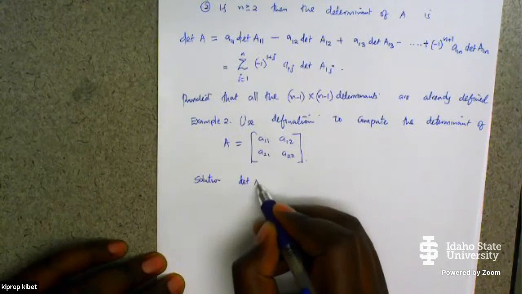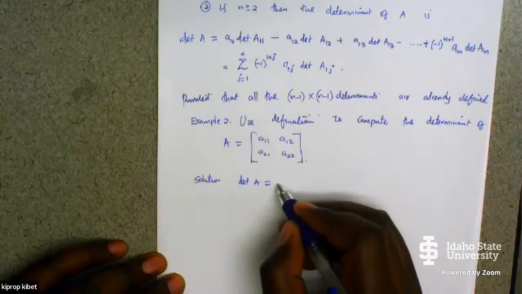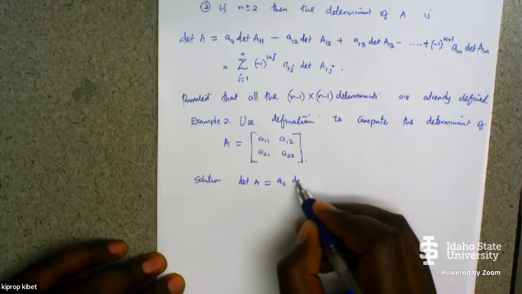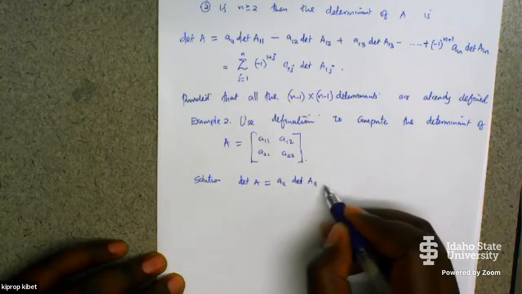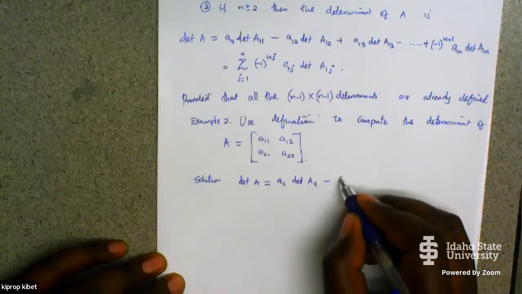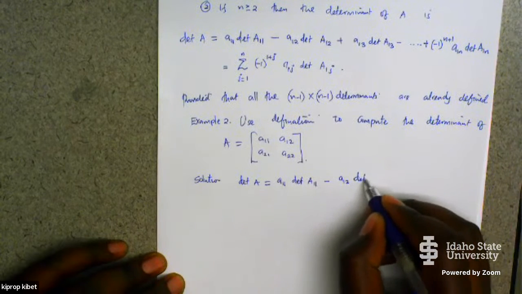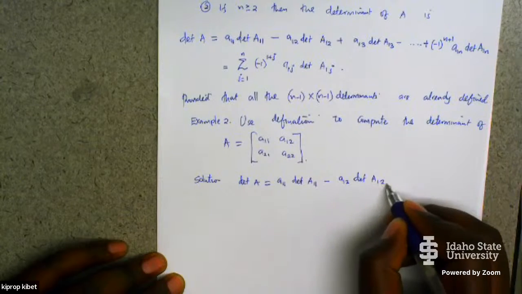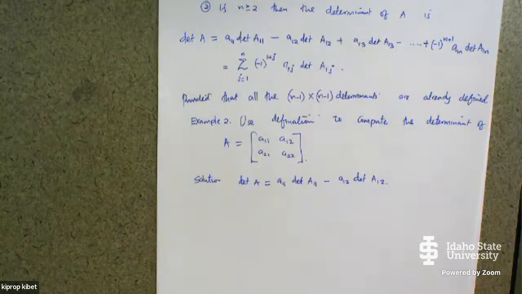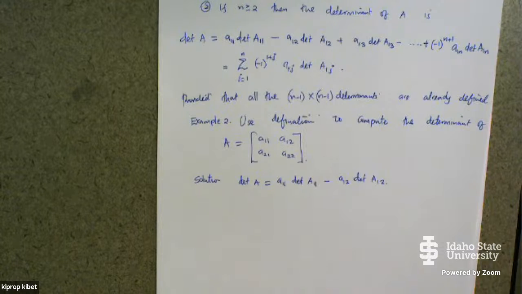Solution: the determinant of A is A11 determinant of A11 minus A12 determinant of A12, where we delete the first row and the second column.